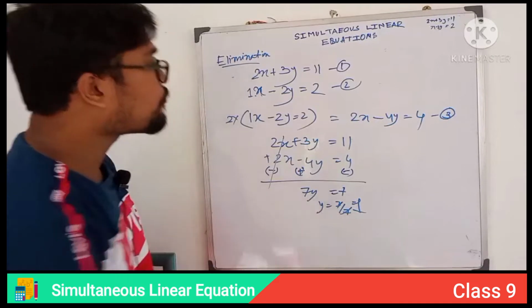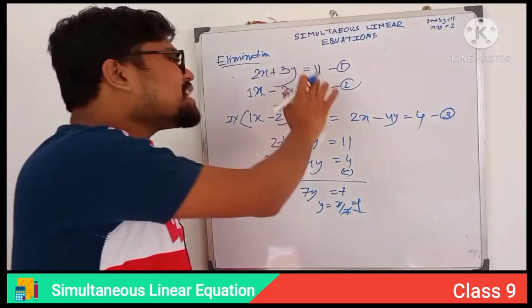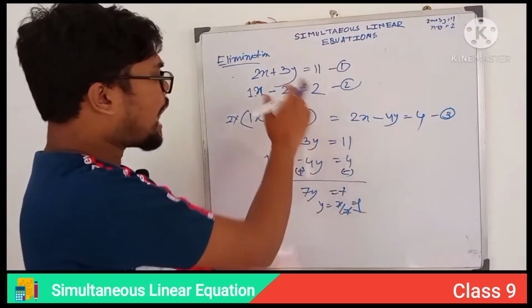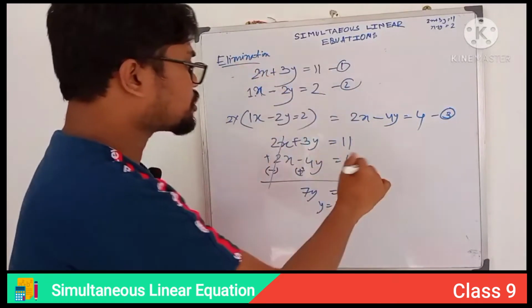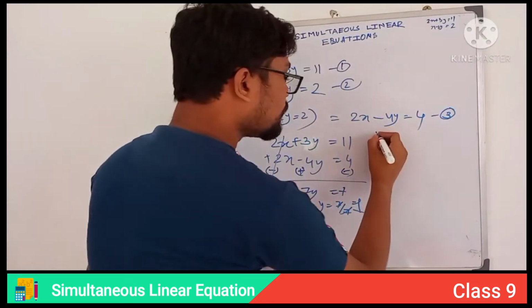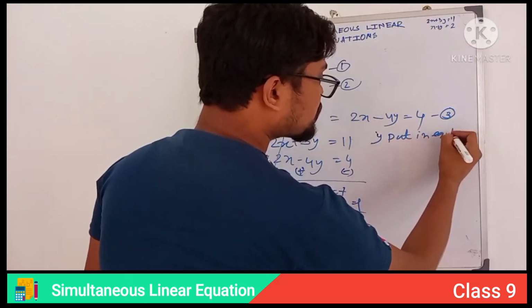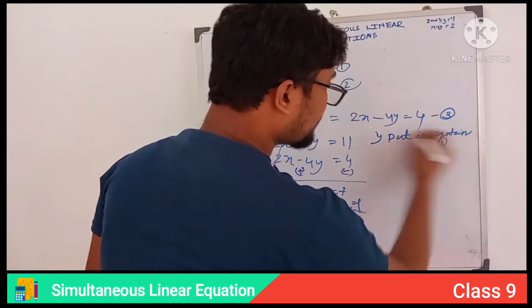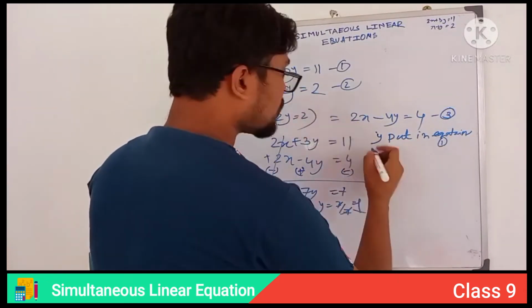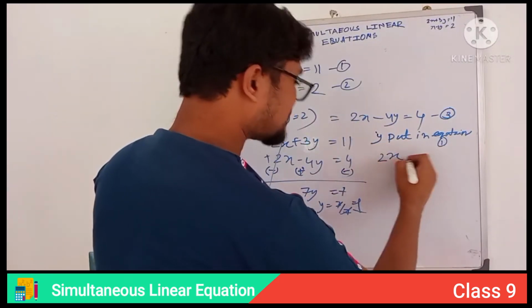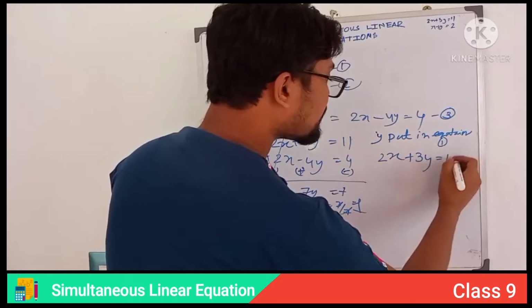Now this value of y we can put in any of these three equations. Now the value of y put in equation 1. What do we get? 2x plus 3y equal to 11.